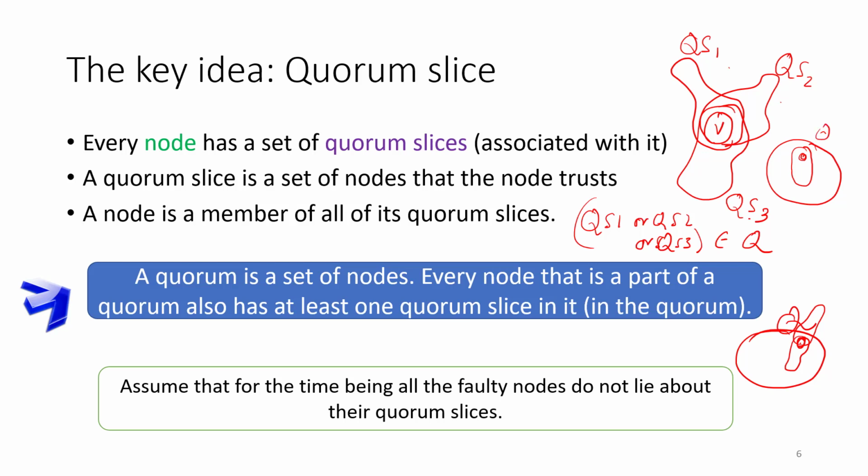You can say that if all the nodes within a quorum take a decision, then you know that at least one of its quorum slices also has taken the decision. And given the fact that the quorum slice is trusted, the node can use that fact to make a decision. Some other node can also use this fact because it will have at least one quorum slice which is fully contained within the quorum.